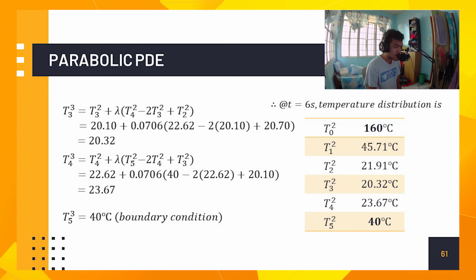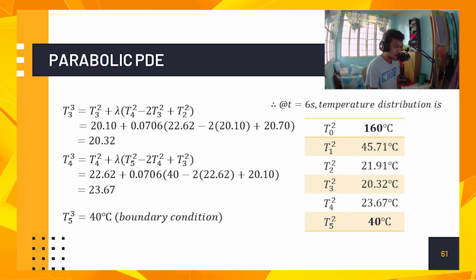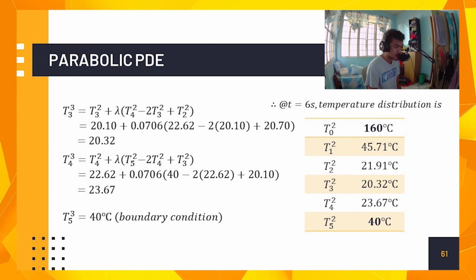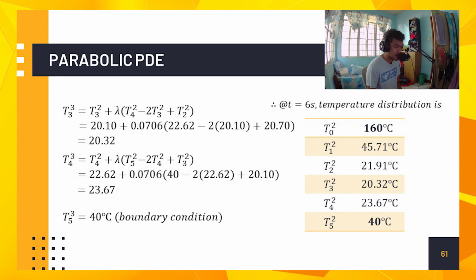For T sub 4 raised to 3, it is equal to T sub 4 raised to 2 plus lambda times the quantity of T sub 5 raised to 2 minus 2 T sub 4 raised to 2 plus T sub 3 raised to 2, which is equal to 22.62 plus 0.0706 times the quantity of 40 minus 2 times 22.62 plus 20.10, and that is equal to 23.67.